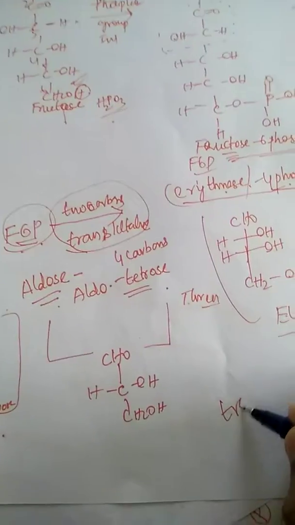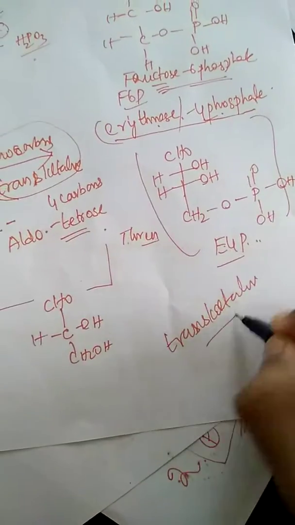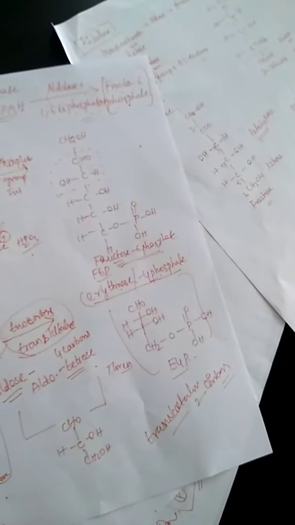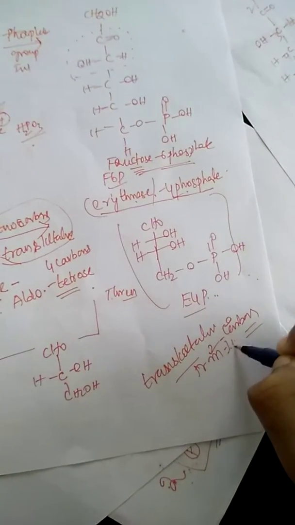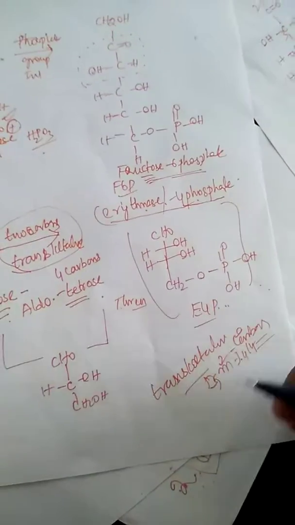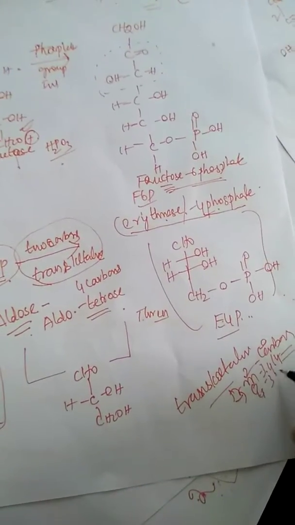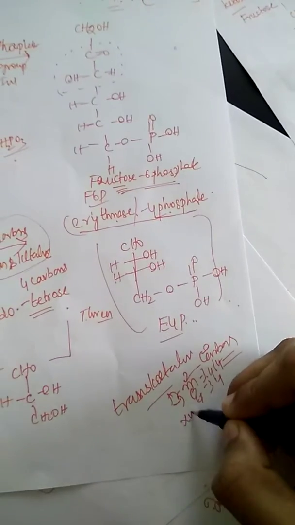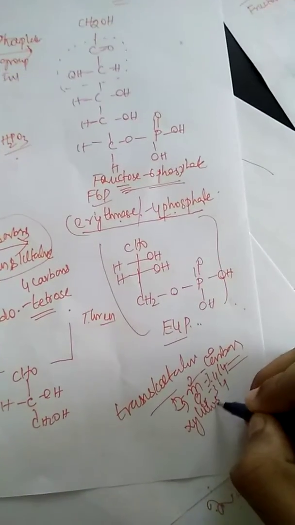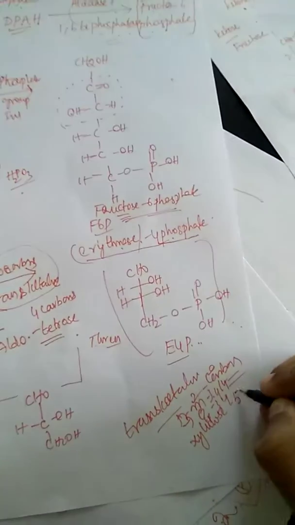When you have the enzyme transketolase, it removes 2 carbons from this and gives them to G3P, which forms xylulose 5-phosphate.